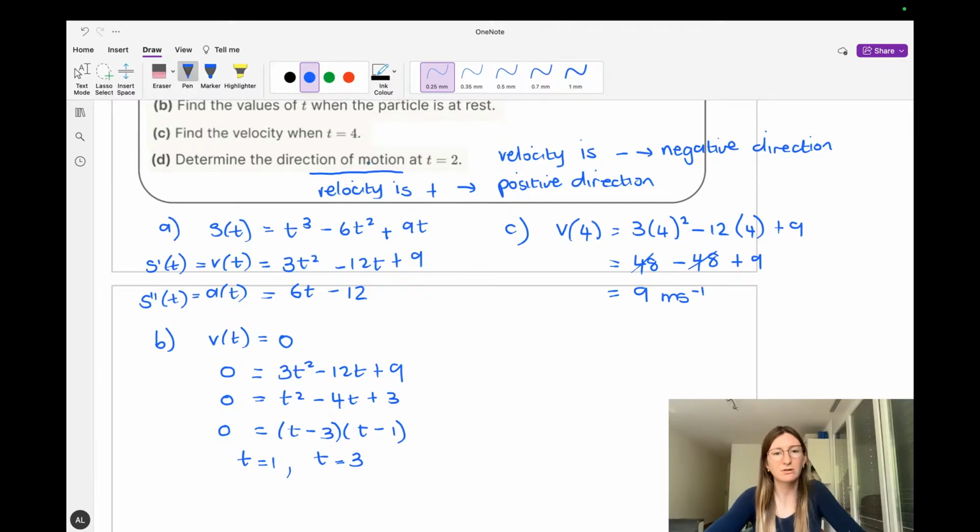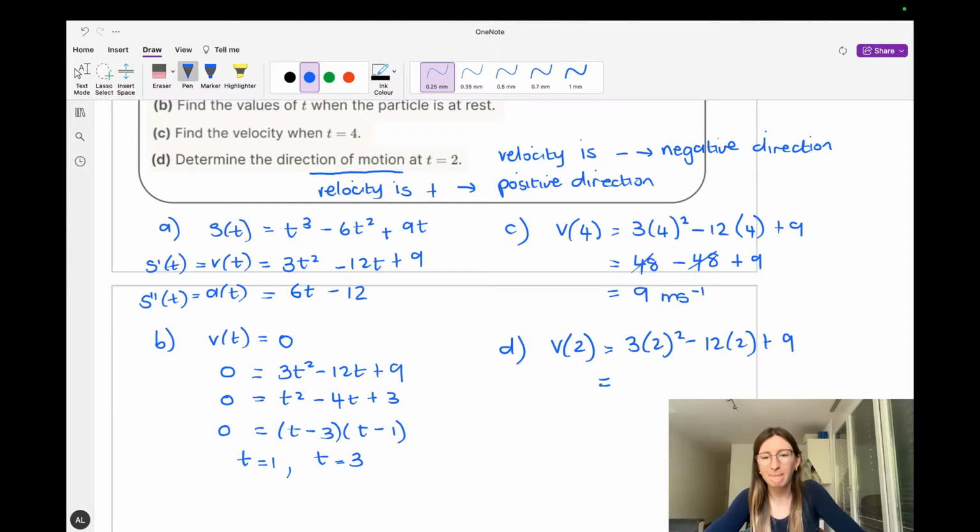So basically we need to determine, is it positive or negative at t equals 2? So let's figure that out. Again, we need the velocity. So a lot of velocity questions here. 3 times 2 squared minus 12 times 2 plus 9. So that is 12 minus 24 plus 9. 12 minus 24 is minus 12, plus 9 gives us minus 3.